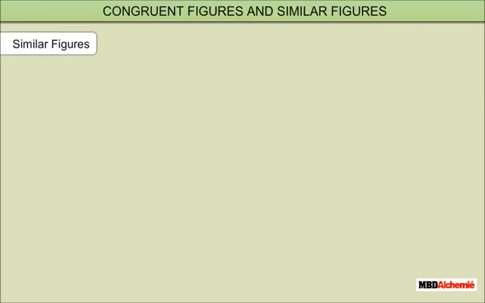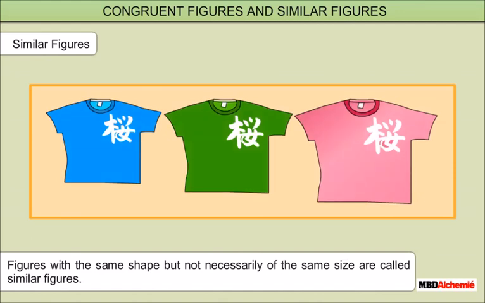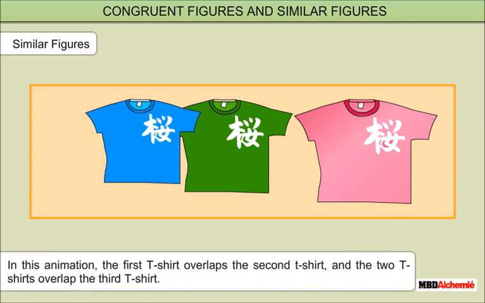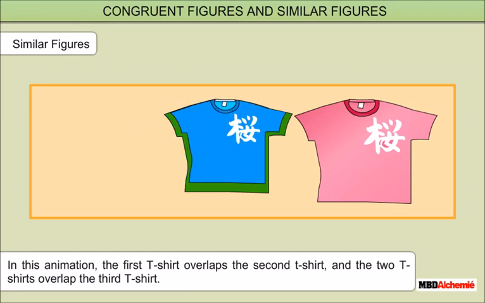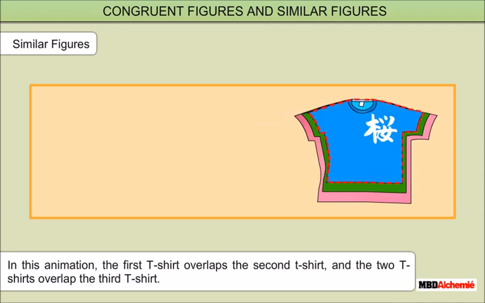Similar figures. Figures with the same shape but not necessarily the same size are called similar figures. In this animation, the first T-shirt overlaps the second T-shirt, and the two T-shirts overlap the third T-shirt.